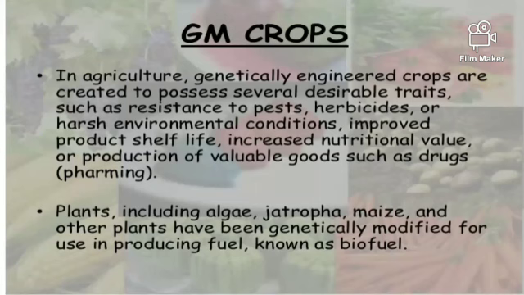So these are the genetically modified crops: first resistant to pests, second resistant to herbicides, resistant to harsh environmental conditions, having improved production, increased nutritional value, and also drug value. Nowadays we have one plant, jatropha, which is used for biofuel production.